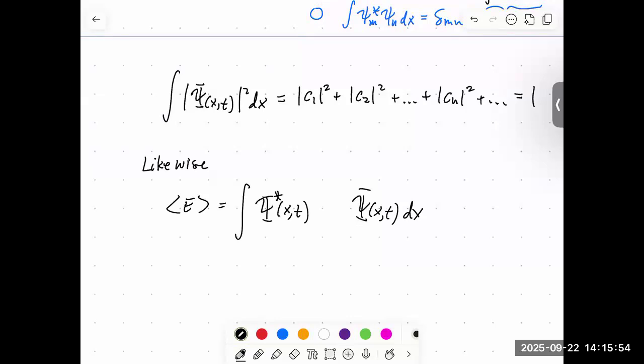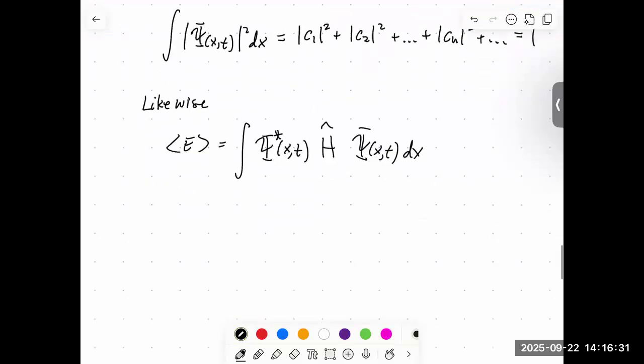If I wanted momentum, I would put my momentum operator here. If I had some operator Q, I would stick it in here, and I would get the expectation value for whatever Q represents. So we want energy, and our energy operator is the Hamiltonian. And so that was H hat. Really, this is just the time-independent Schrodinger equation. Okay, fair enough.